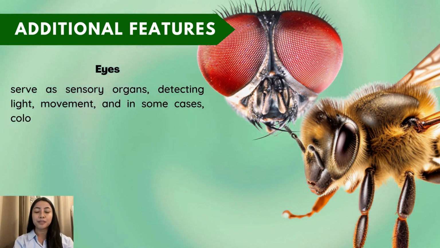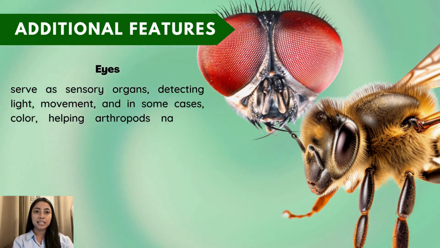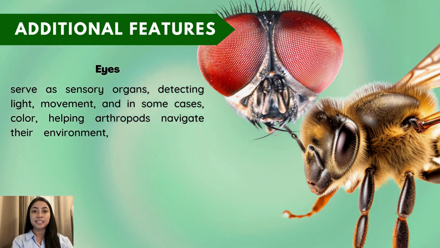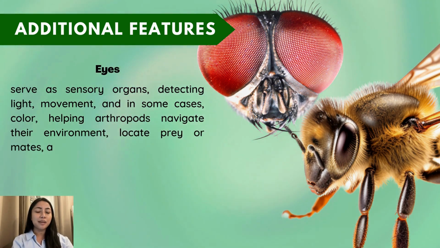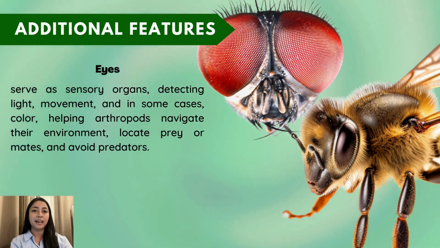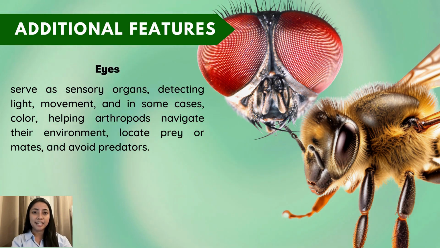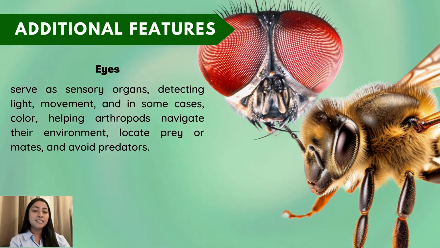However, it varies between arthropods. Compound eyes are common in insects, while some arachnids have only simple eyes. To summarize everything, arthropod identification involves examining their exoskeleton, body segmentation, appendages, antennae, wings, mouth parts, respiration, and sensory organs.